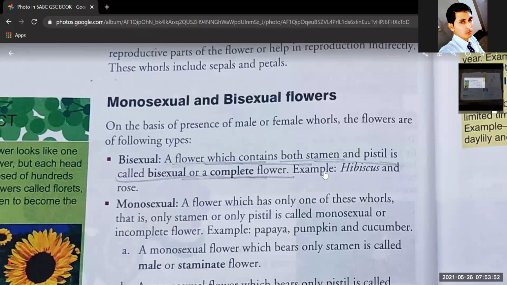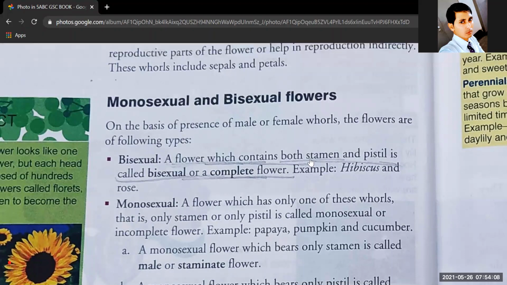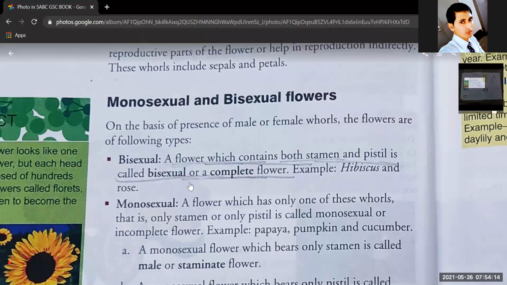For example, hibiscus and rose. Keep these things in your mind because they will come in the exercises. Whatever flowers have both stamen and pistil will be called bisexual and complete flowers.